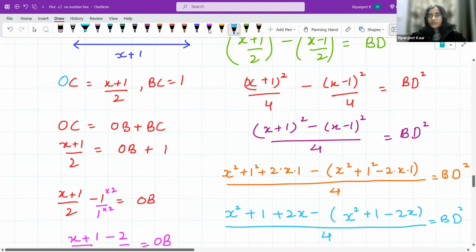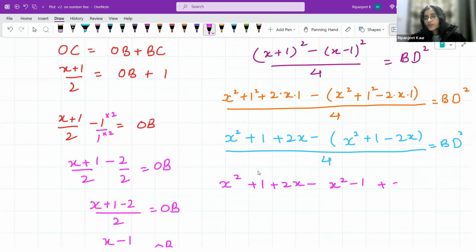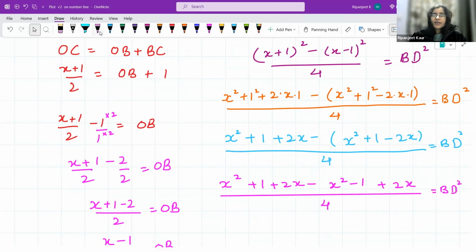Now after this, we have the bracket and we have to open it. So it becomes x squared plus 1 plus 2x minus x squared minus 1 plus 2x over 4 equal to BD squared. Now, do you think some things are getting cancelled over here?